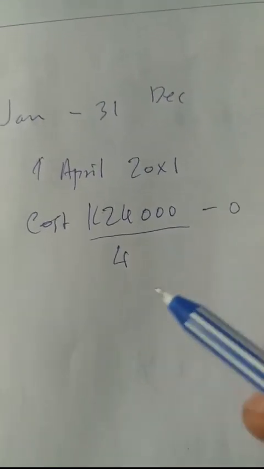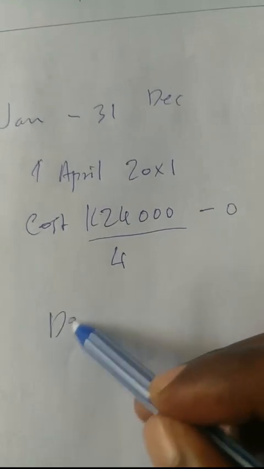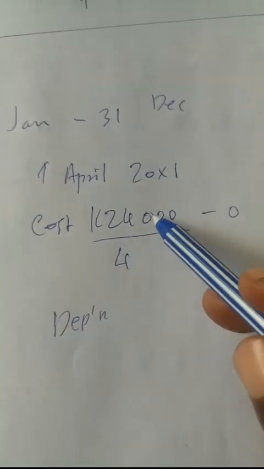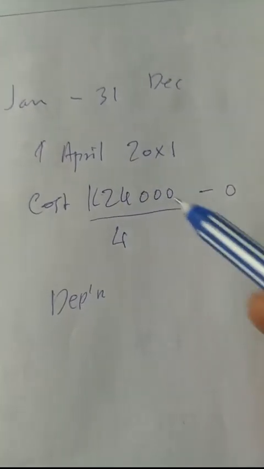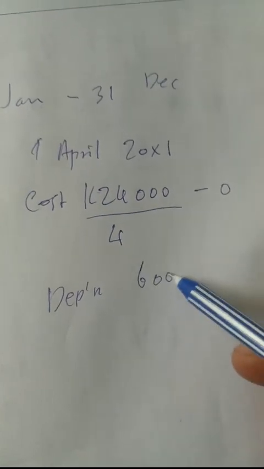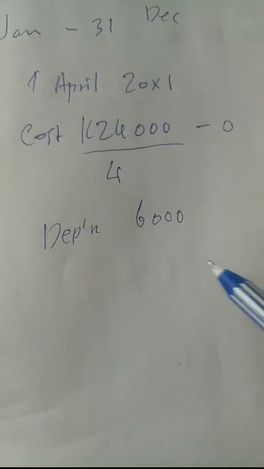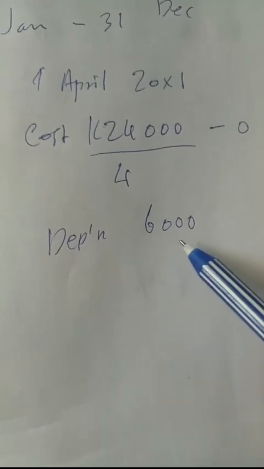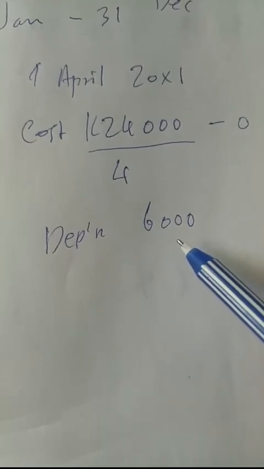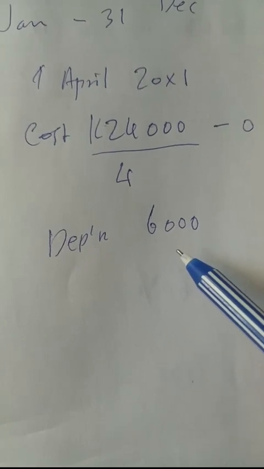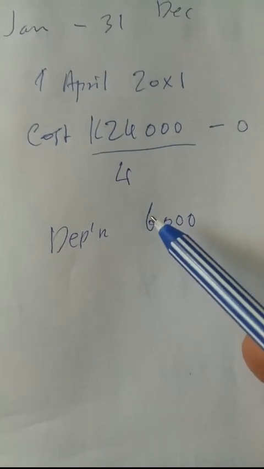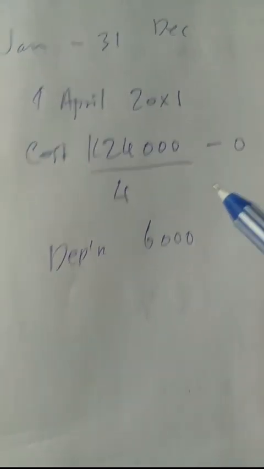So let's do the depreciation calculation there. As you've seen, I've put up the formula for the straight line method. Our depreciation will come up to 6,000 kwacha. Now, is this the amount to charge as depreciation in 20x1? The answer is no, because this non-current asset has come into the business in April.